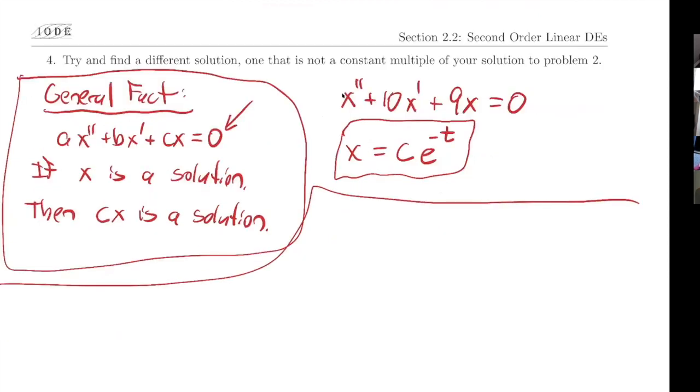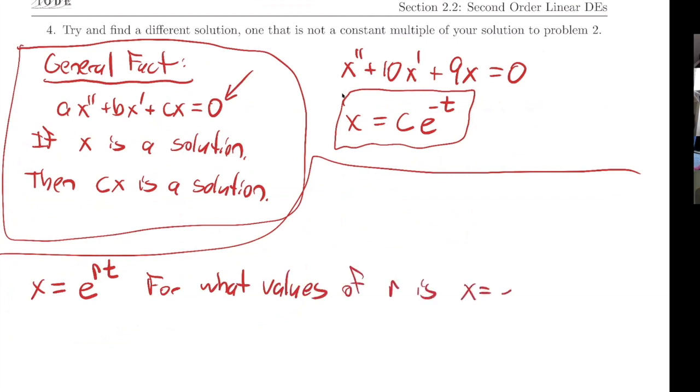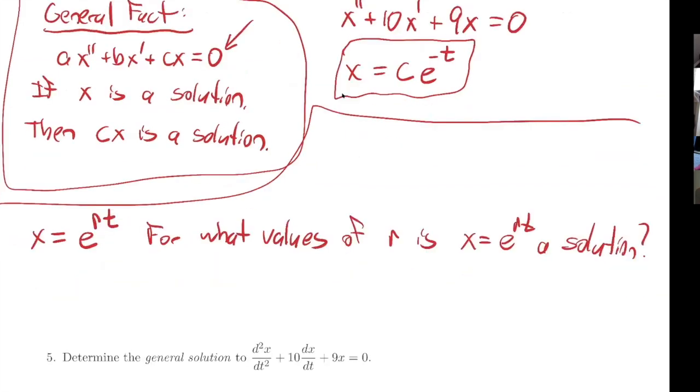Okay, so here's my suggestion. Let's go with the assumption that our solution is going to look something like this. And really what we're asking is for what values of R is e to the RT going to be a solution?